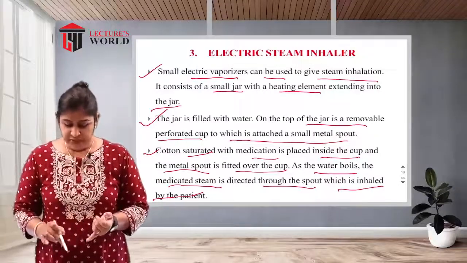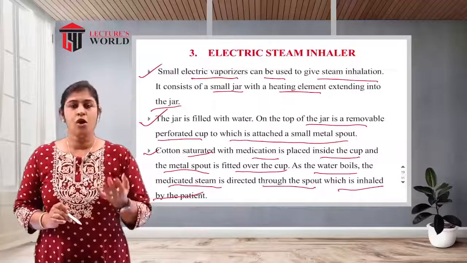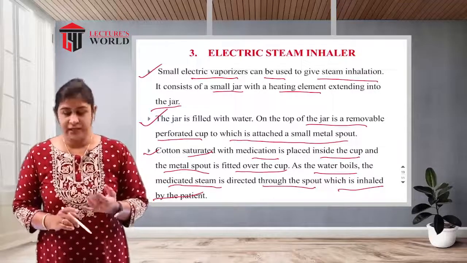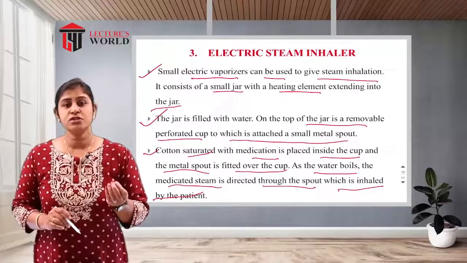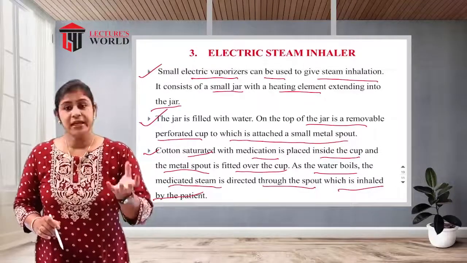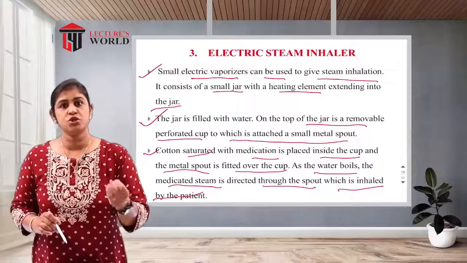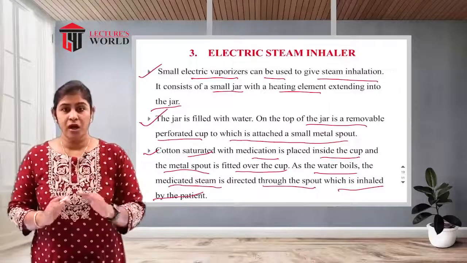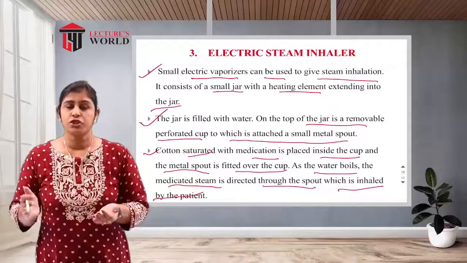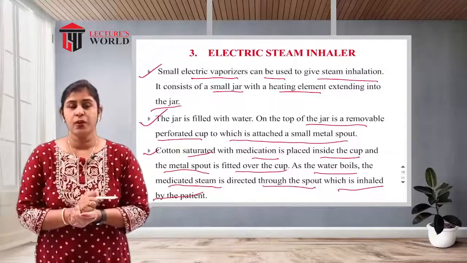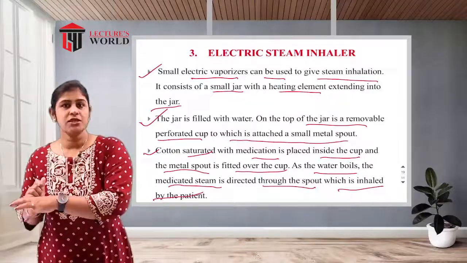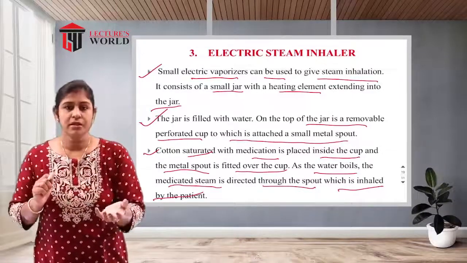So we can say the electric steam inhaler is a small electric vaporizer that can be used for steam inhalations. It consists of a small jar with a heating element extending into the jar, and the jar is filled with water. On the top of the jar there is a removable perforated cup attached to a small metal spout.